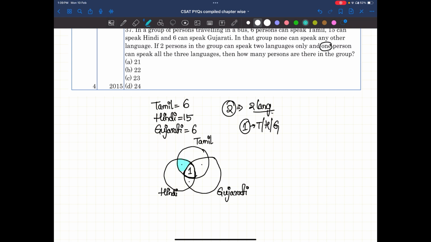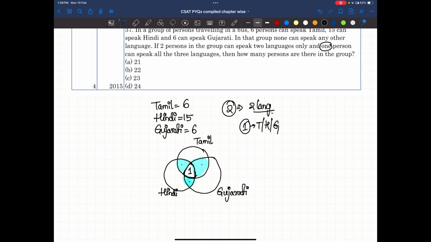These are the parts where people can speak only two languages, right? Now we have to place these two numbers in these parts.